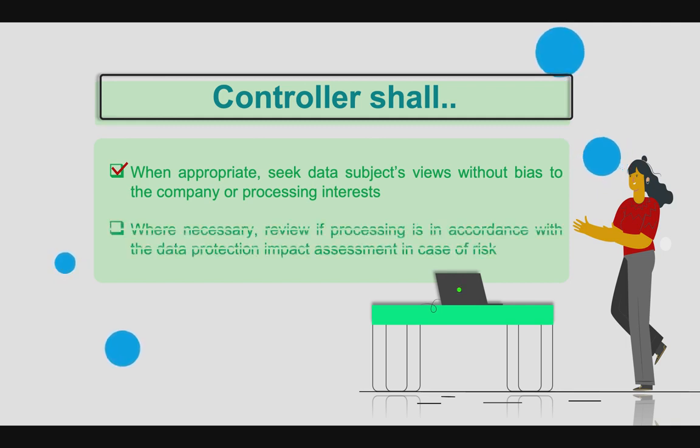And then, wherever necessary, the controller will have to carry out a review to check if the processing is performed in accordance with the data protection impact assessment, and at least when there is a change in the risk represented by processing operations.